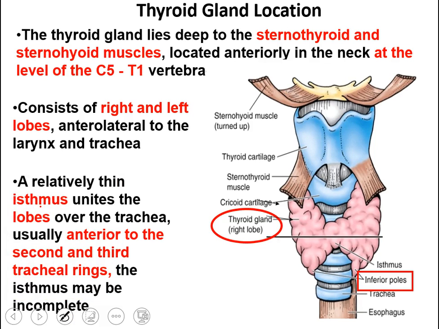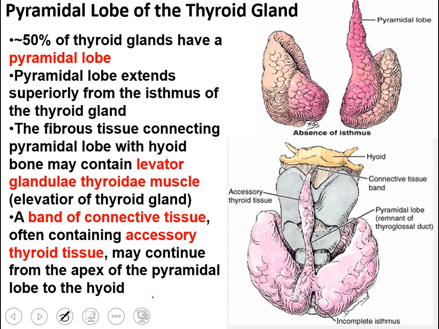The structure which unites the two lobes is called the isthmus. The isthmus is usually located anterior to the second and third tracheal rings, and please keep in mind, from a clinical point of view, it is very important to understand that in a significant number of cases, the isthmus may be incomplete, and as a result, there will be no communication between left and right lobes.